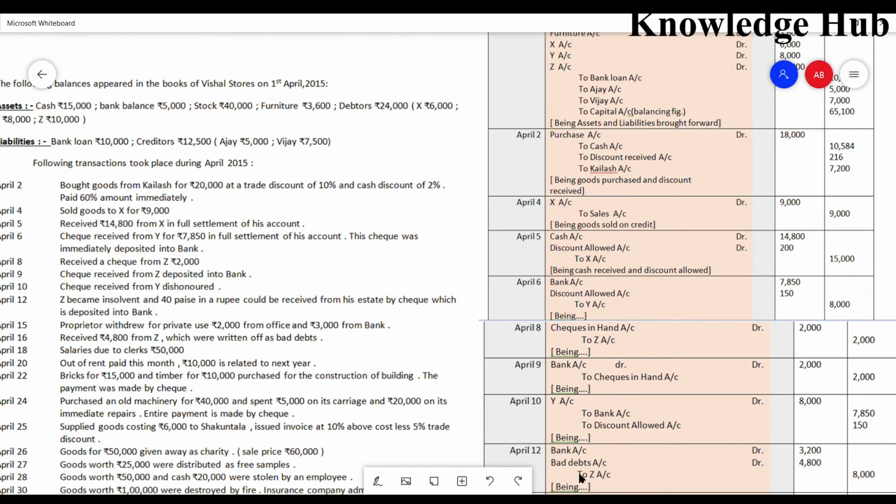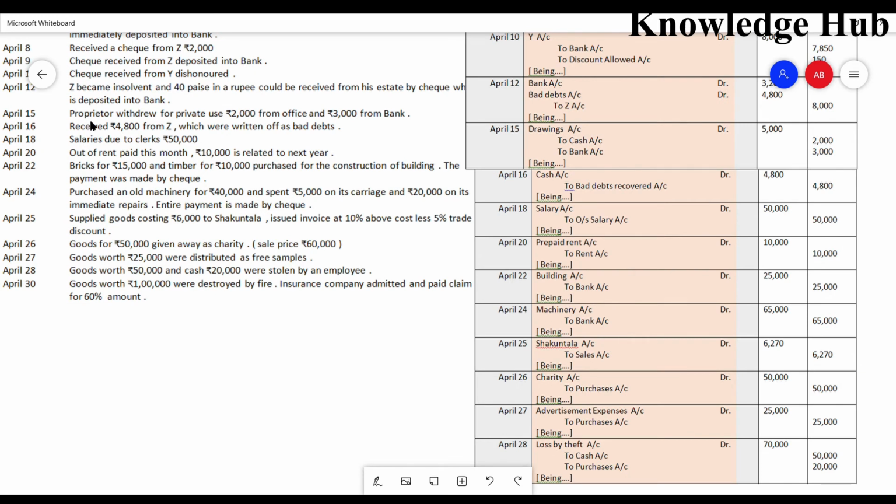Since Z was my debtor and this debtor turned bad, we are going to debit bad debts account. Being an expense or loss for the business, it is debited. Now if we check the entry, we'll find out that the debit balance for this journal entry and the credit balance are equal.